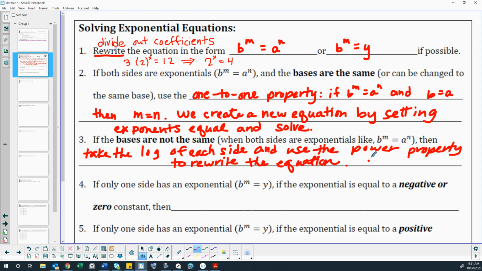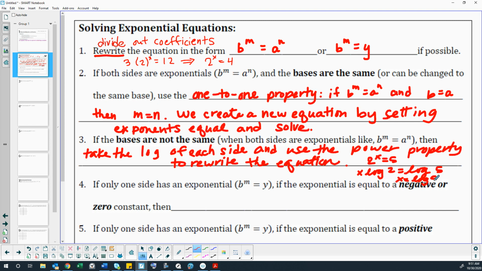For example, if I had something like 2 to the x equals 5, I would change that to x log 2 equals log 5. I did two steps in one there. I took the log of each side and then I moved the exponent x out to the front, and now I can solve it by dividing both sides by log 2.